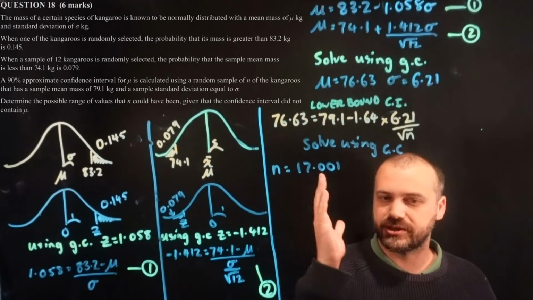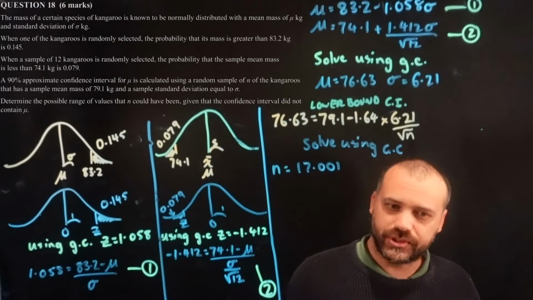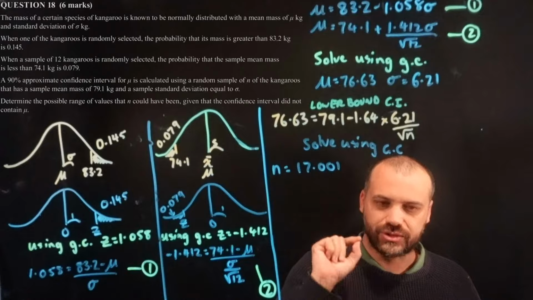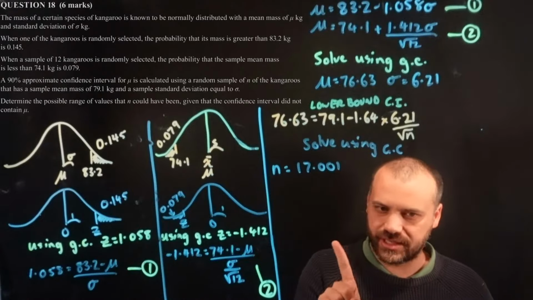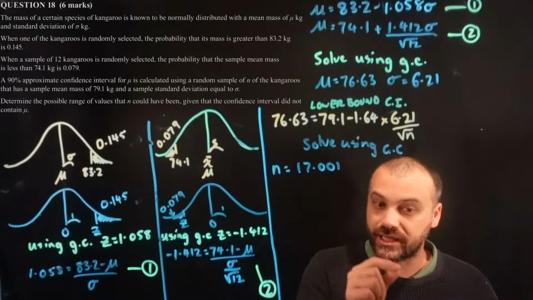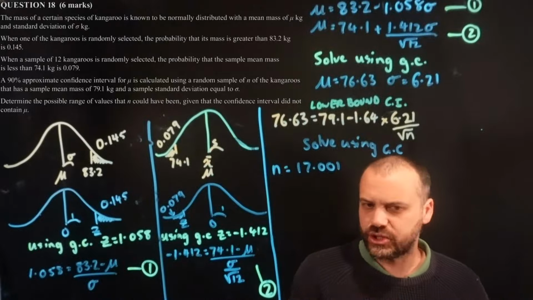All right, and this is where the final trick of this question is. Because a lot of people are going to stop here and say, great, 17.001, round to 17. And the answer is not 17. No. The answer is 18. And you can check this.